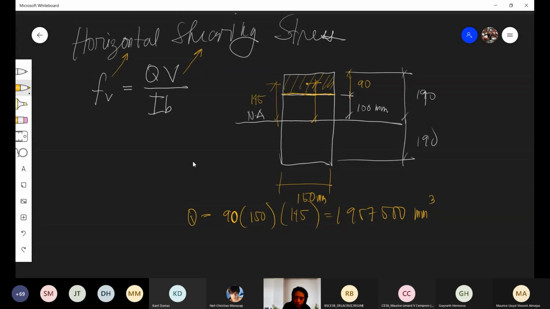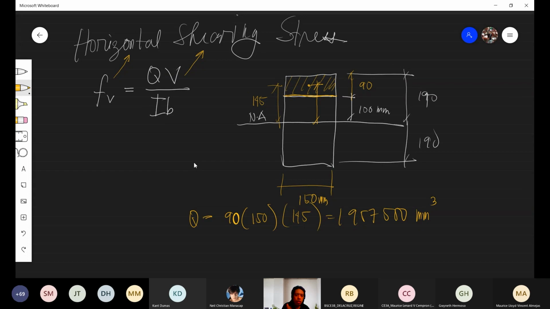Again, let me say it again. Q is the moment area of the area above or below the fiber you are considering with respect to the neutral axis. Now let me direct your attention to the definition: above or below.